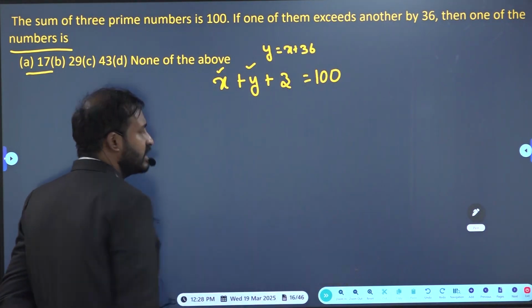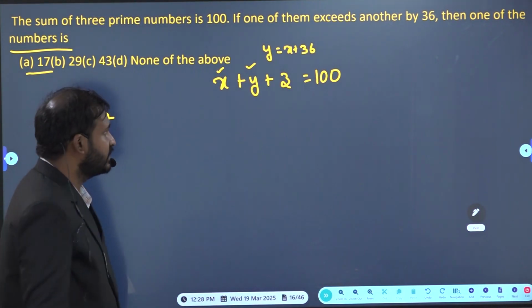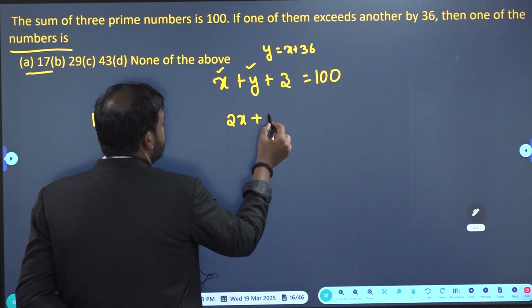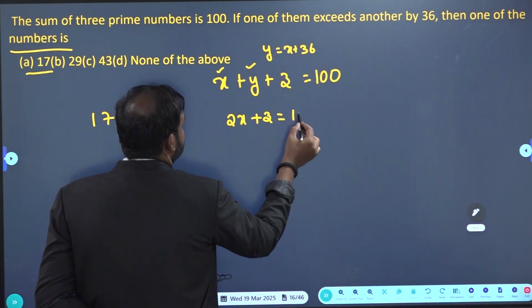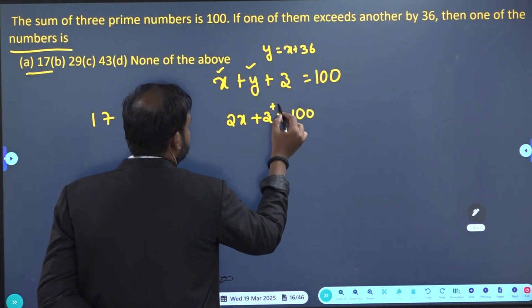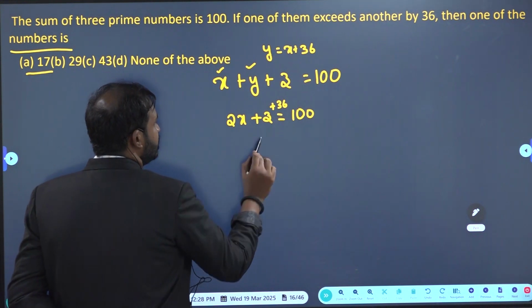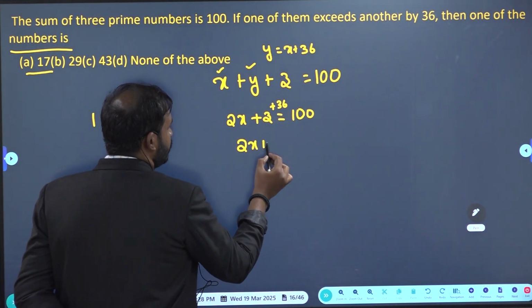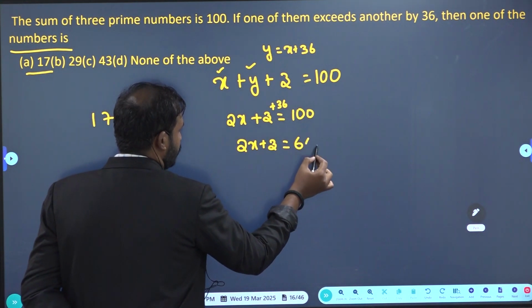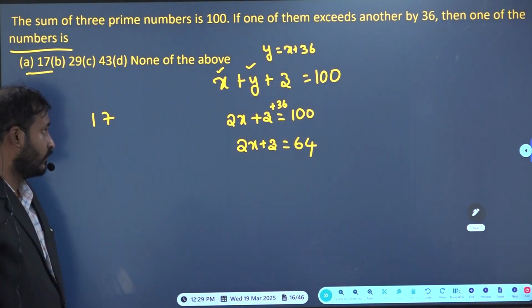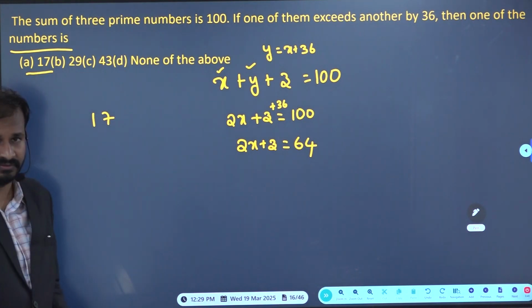Y is greater than x. So now what can I write here? 2x plus z plus 36 is equal to 100. When I send 36 to the other side, it will become 2x plus z is equal to 64. Now you can go with the option verification.